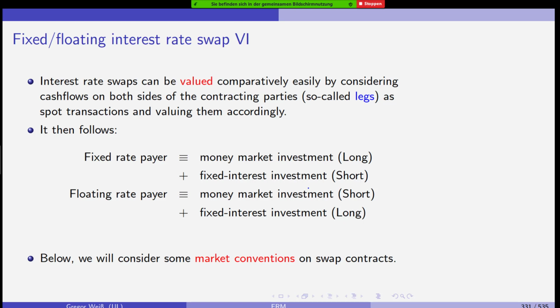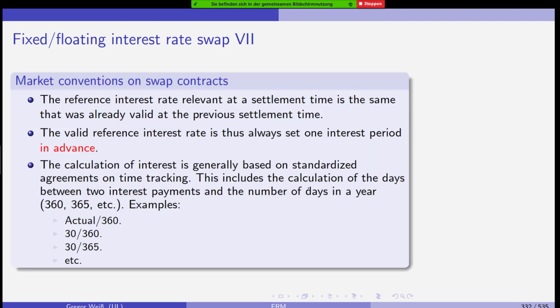And thus, the valuation is very, very simple. You simply need to use a floating rate note and a fixed income product, money market investment, fixed interest investment. And by stripping the variable and fixed payments from these interest-bearing products, you can replicate the cash flows for the two legs of the swap contract.